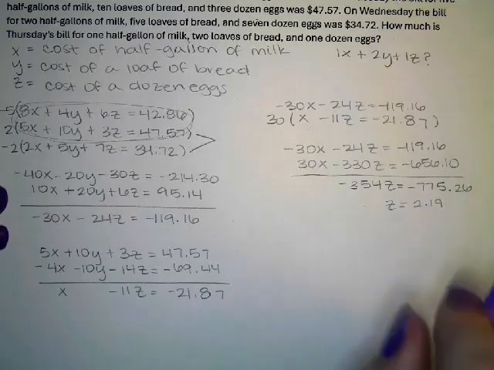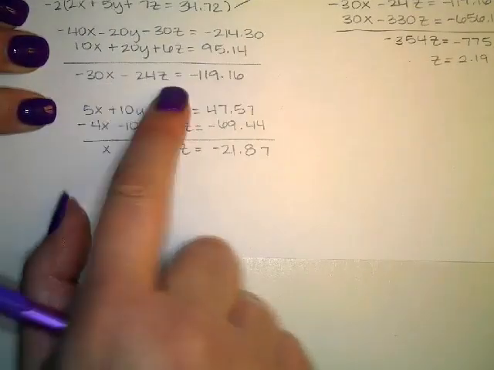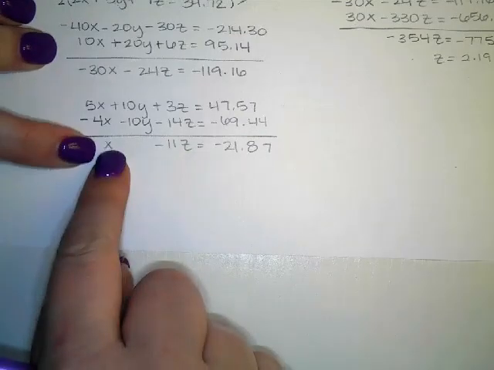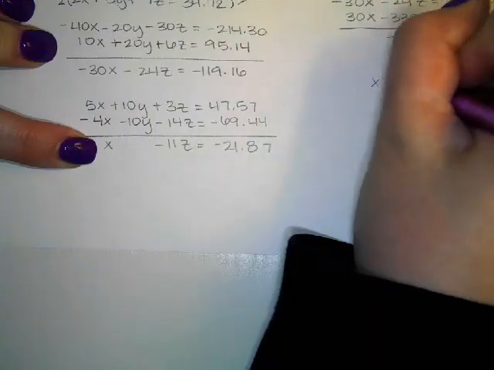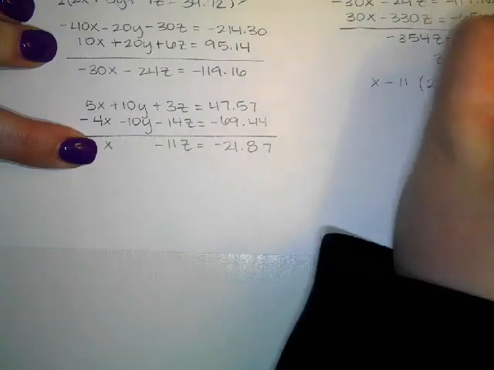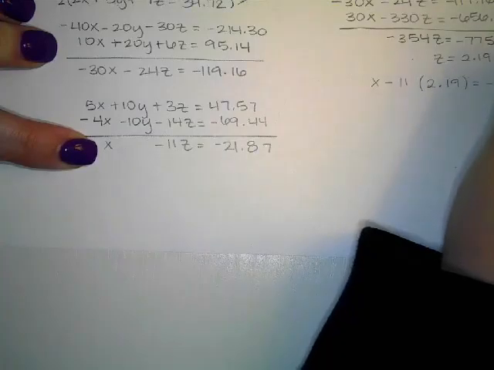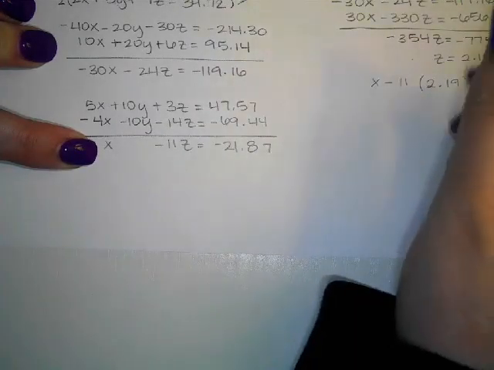So we have our two equations that we were working with. We have this equation right here and this equation right here. And I thought that this one is definitely the one I want to solve for x in. So x minus 11 times $2.19, and 11 times $2.19 is $24.09.